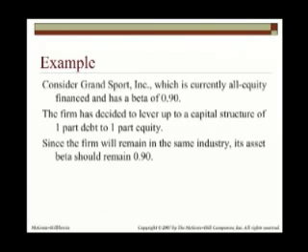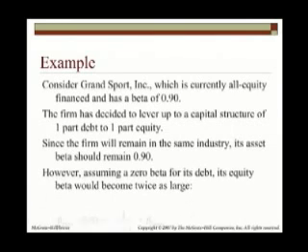All right, so if we play around with this a little bit, what we see is that the beta of assets, which is 0.9, is going to be the percent of equity times the beta of equity. And the percent of equity is now 50%. And mathematically what that means is that the beta of equity has doubled from 0.9 to 1.8.